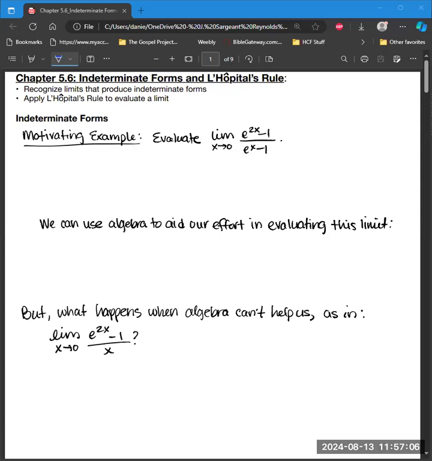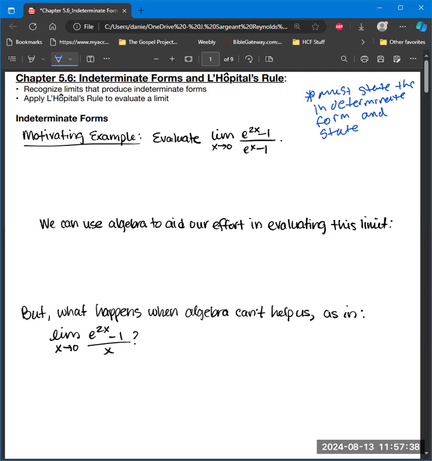So let's go ahead and make a note here that when we use L'Hopital's rule, we must state the indeterminate form and state that we're using L'Hopital's rule.